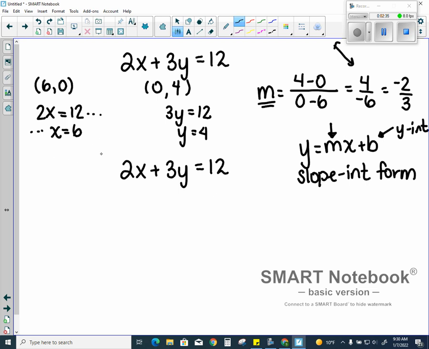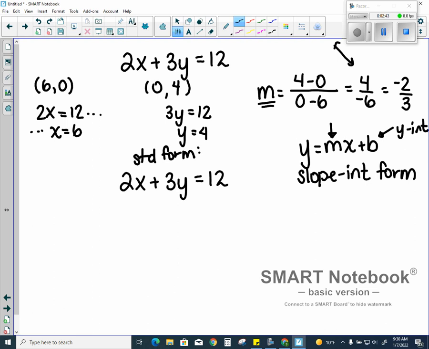This equation here, 2x plus 3y equals 12, is written in what's called standard form. And if I want to get from standard form to slope-intercept form, there are 2 steps. Okay, the first one is to add or subtract the x to the other side to get it away from the y.